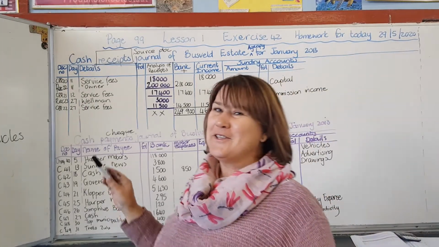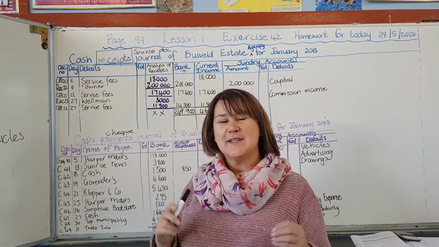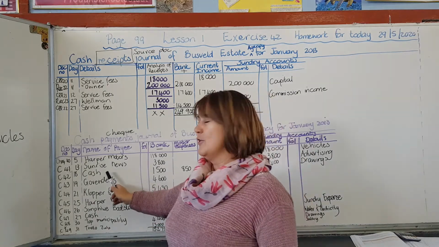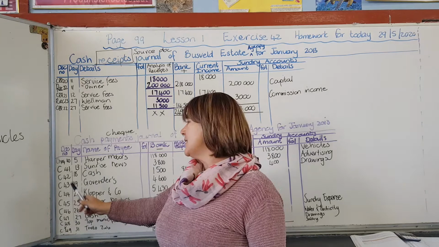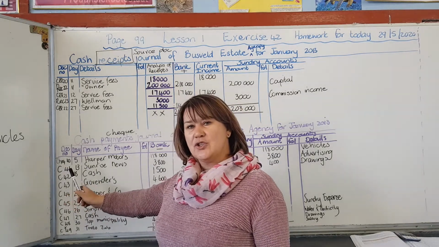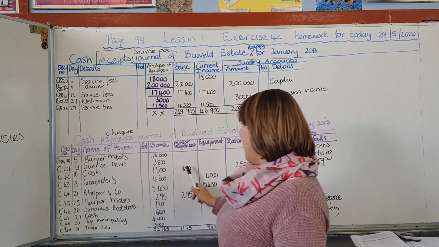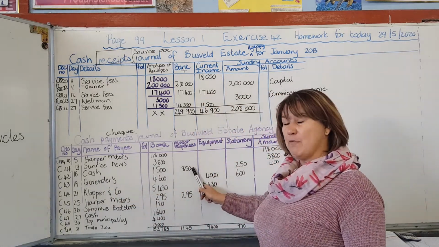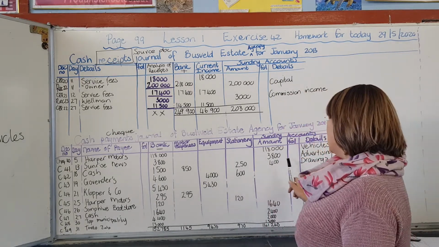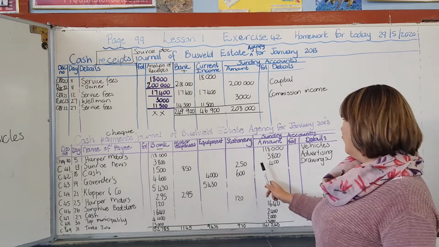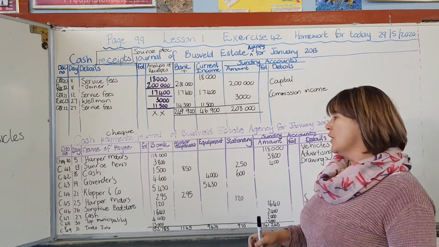Boys and girls, I'm not going to take everything off the board because my cell phone only went up until the word cash. So I'm going to start there on the 18th. That said that we issued check 42 on the 18th, and it was a cash check, and we paid motor expenses, fuel, and we bought stationery and paid for it, and the owner took 400 rand for personal use.